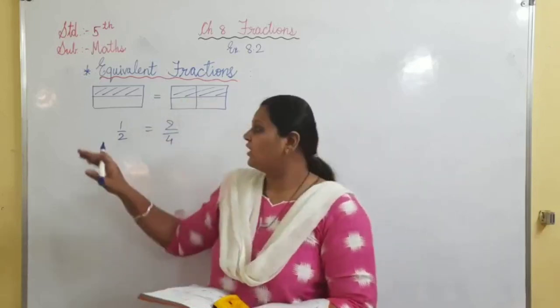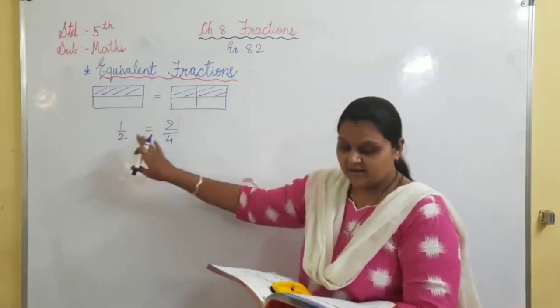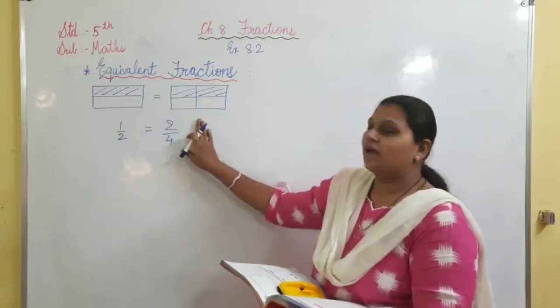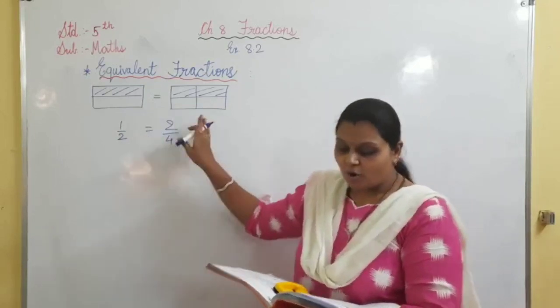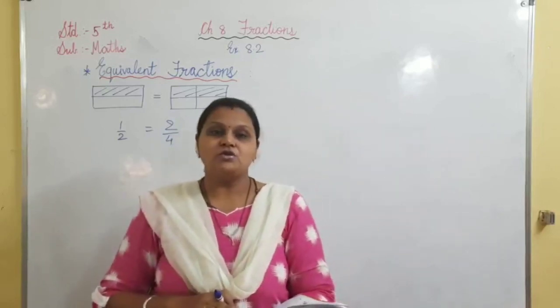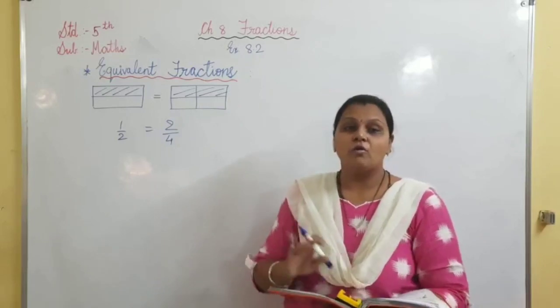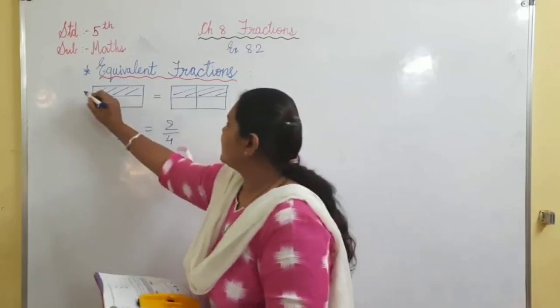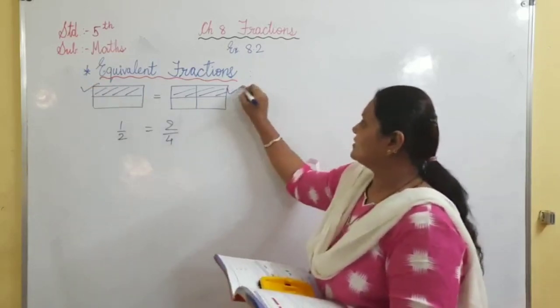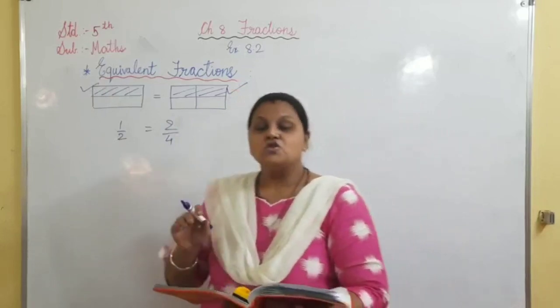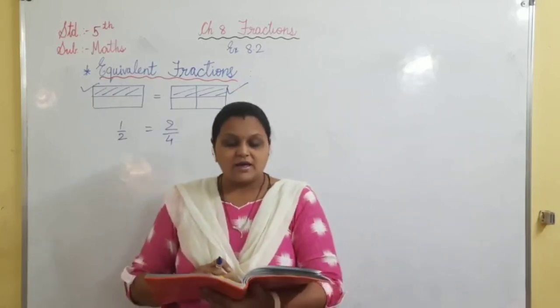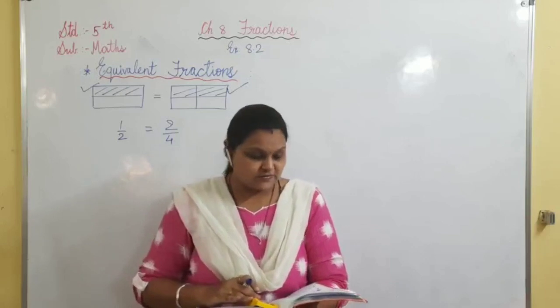Half of the rectangle is red and here 2/4 of the rectangle is red. Both fractions, 1 upon 2 and 2 upon 4, represent half part of the whole rectangle. Here we can see half part is covered and here also half part is colored. So, they are called equivalent fractions.